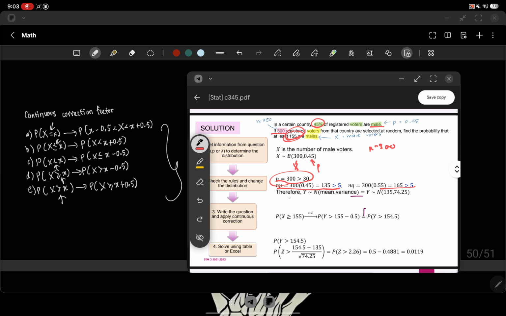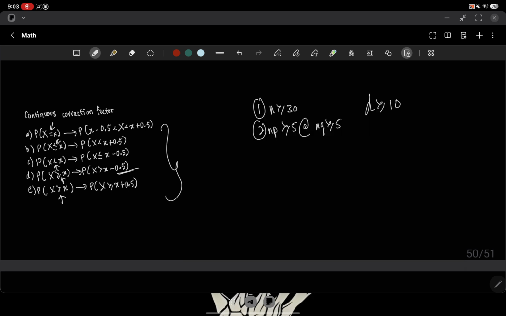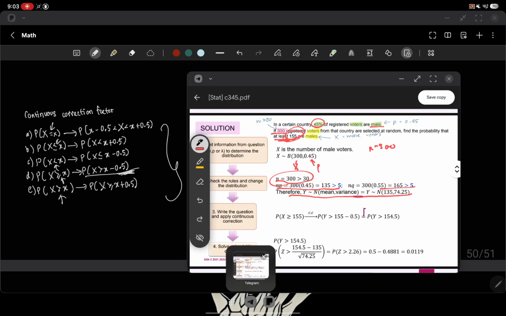Now we are getting the variance as thus. Okay, so we take the specific, they say at least, so at least could be more than or equivalent to 155. When we are referring to the given matrix here, we need to minus 0.5.